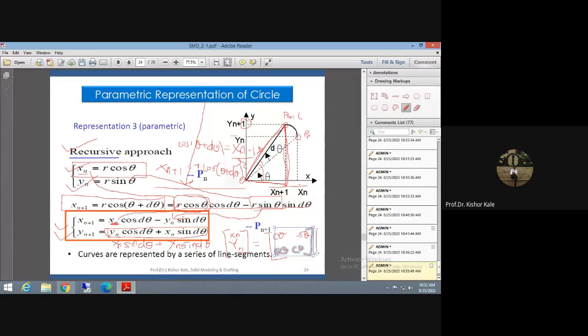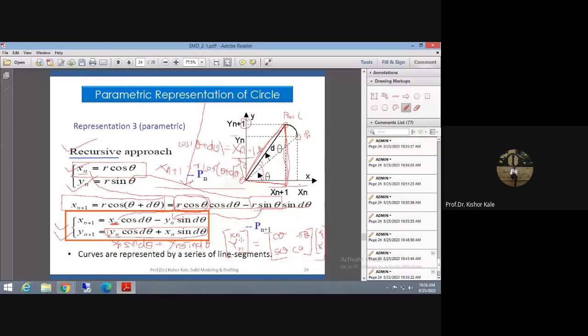If you multiply, the first line is xn cos theta minus yn sin theta, and the next line is xn sin theta plus yn cos theta. Same thing as over here, but it is actually xn plus 1 and yn plus 1. So this is nothing but the parametric representation of this.